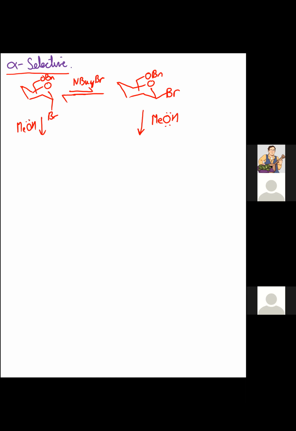So I needed the silver to make the alpha more reactive. The alpha bromide on its own wasn't quite reactive enough to react. So we needed that silver salt to kind of rip it off, make the oxocarbenium, that chemistry. Without the silver salt, we have now an SN2-like reaction. And you know SN2s go with inversion of configuration.